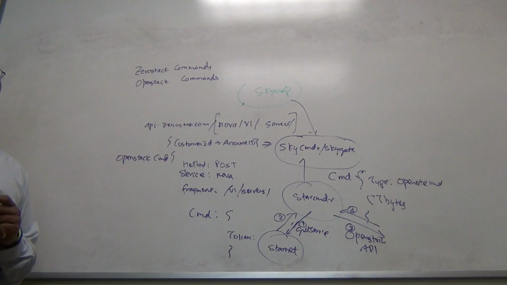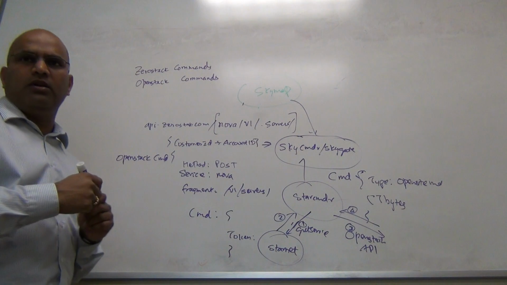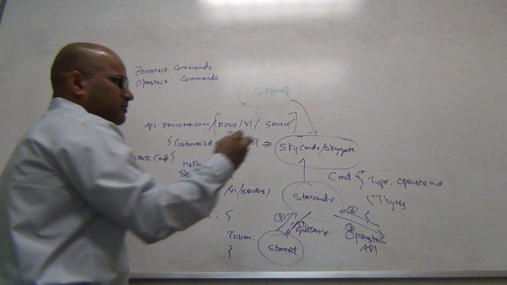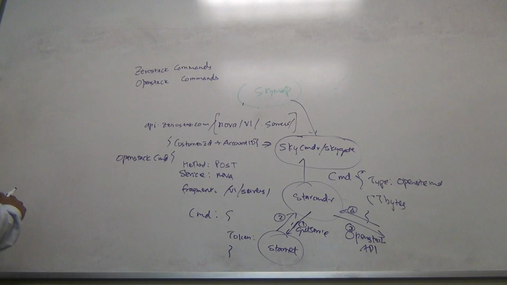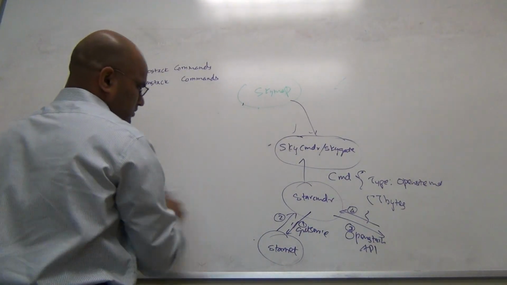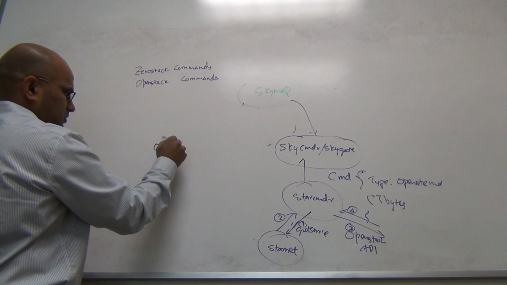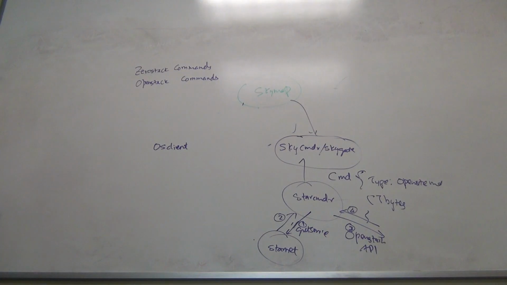The thing though, one thing here which we are trying to abstract out is the usage of OS client. So we're writing a module called OS client, so Sky Commander can keep a copy of it and issue it.